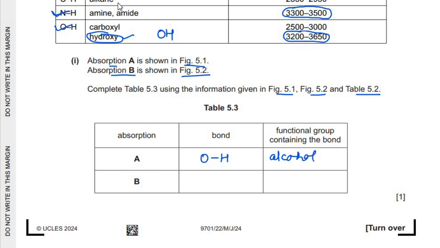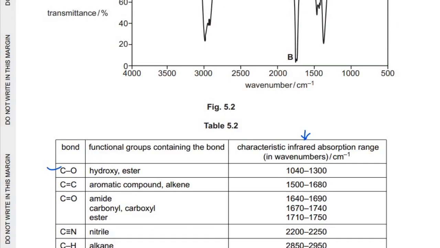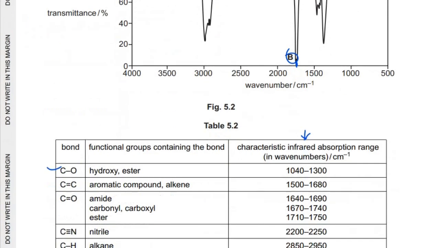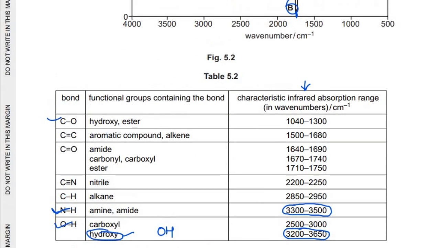We can write anything. Let's see what the absorption of B is. Here is B in figure 5.2, which is approximately at 1700, right? Let's see what bond is possible at 1700.